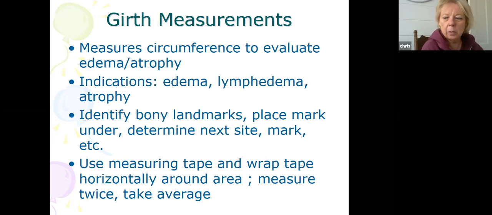Anytime that we're working with somebody who has a problem, we need to measure them prior to and after our intervention to see if our intervention worked. So for circumferential measurements, generally what you do is you find a bony prominence.